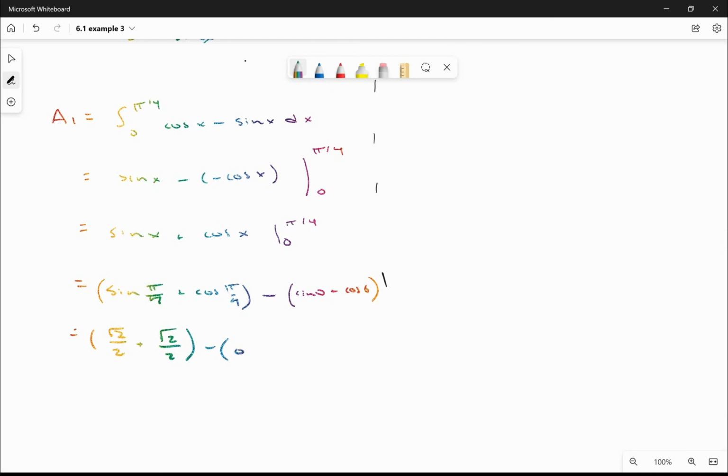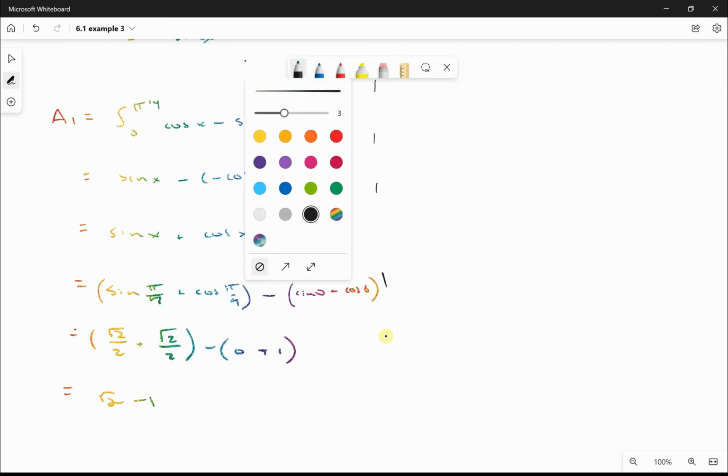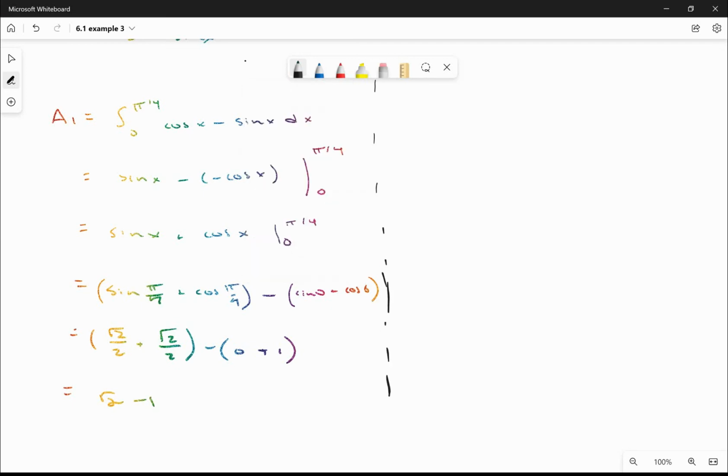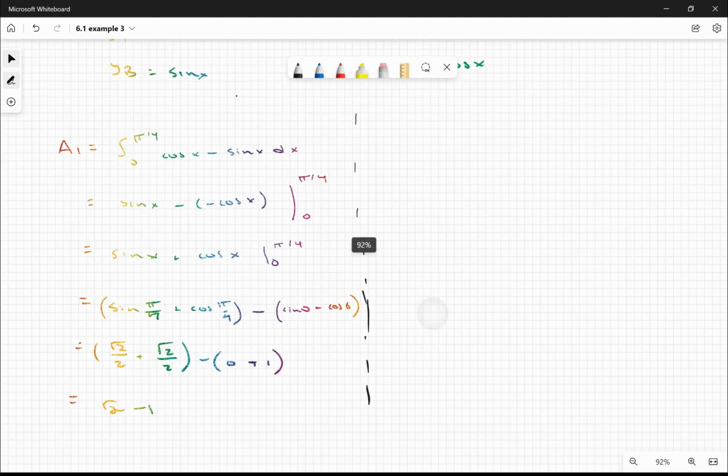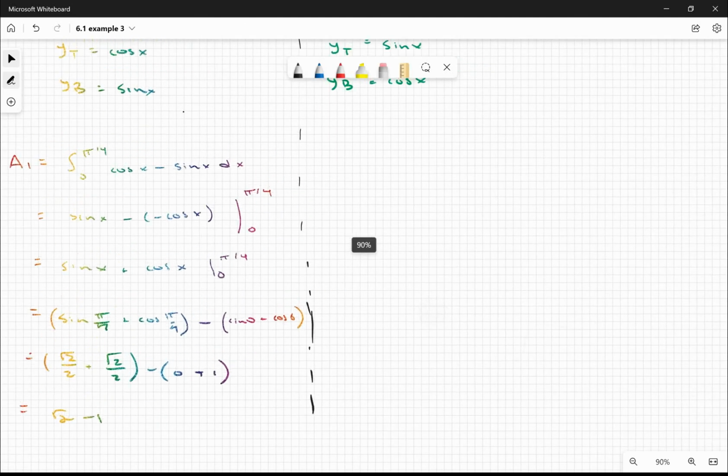Sine of 0 is 0, and cosine of 0 is 1. So we get square root 2 minus 1. Okay, so now let's find the area of region 2.